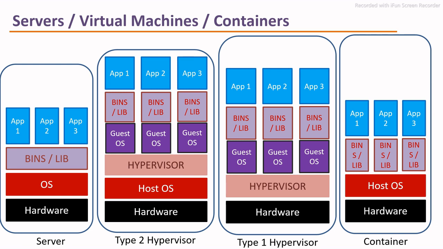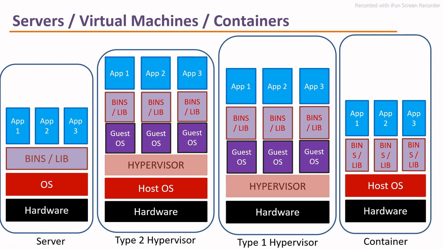Then come the virtual servers. Virtual servers are set up with something called a hypervisor, which is a type of software or operating system that creates and runs virtual machines. If we install the hypervisor, we can use it for virtual servers with their own virtual compute resources.